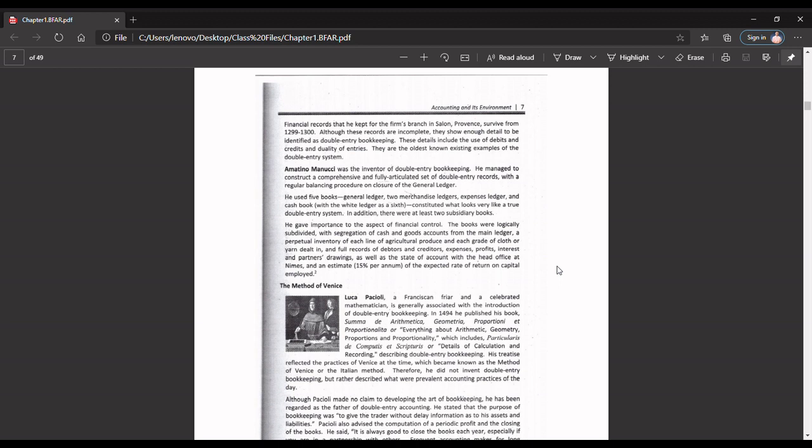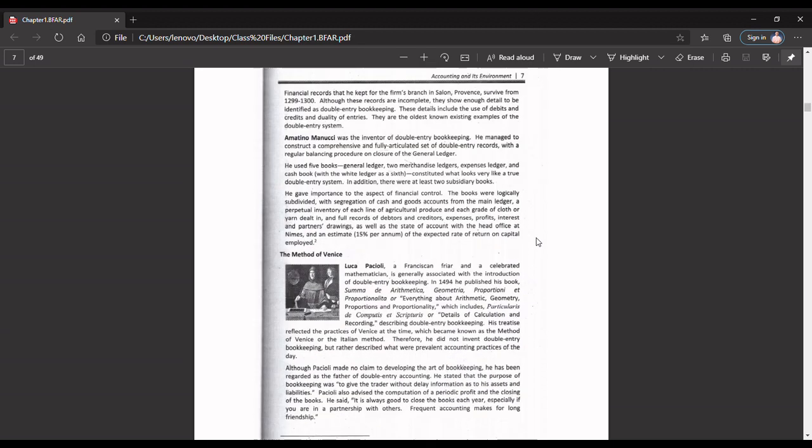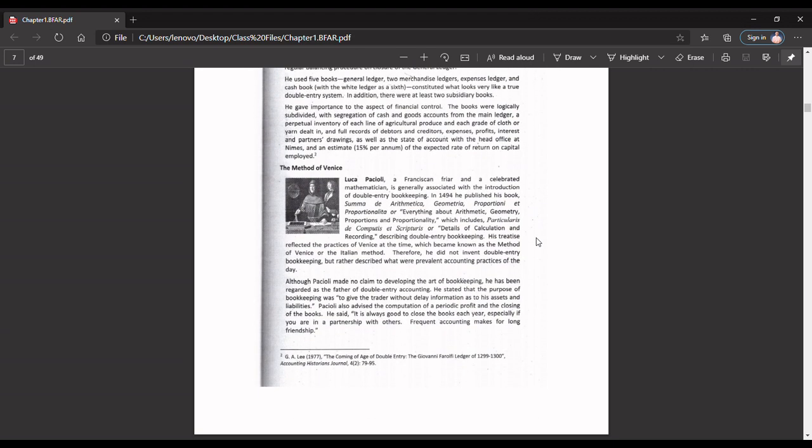So let's skip the history of accounting. Well, we're not gonna skip all of the history, but let's move here to Luca Pacioli on page 7. Luca Pacioli, a Franciscan friar and a celebrated mathematician, is generally associated with the introduction of double-entry bookkeeping.